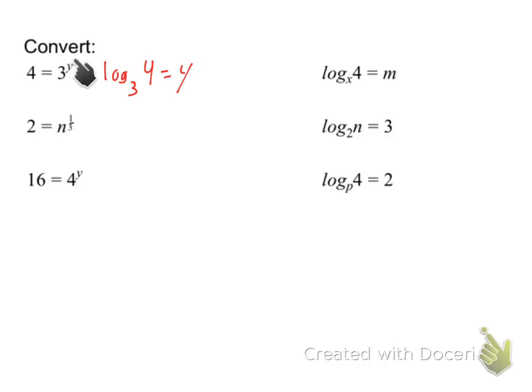Those ones I think are a little bit more difficult than going from log form to exponential. I think going from log form to exponential is actually easier. Because I'd say, hey, what's the base? To what it equals, to what's inside. So when I go here, I go x to the m equals 4.